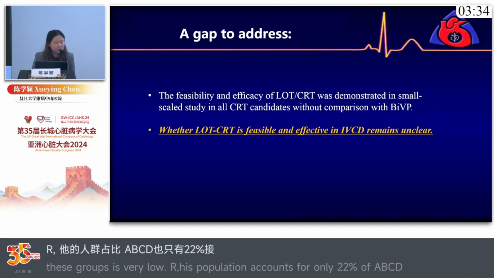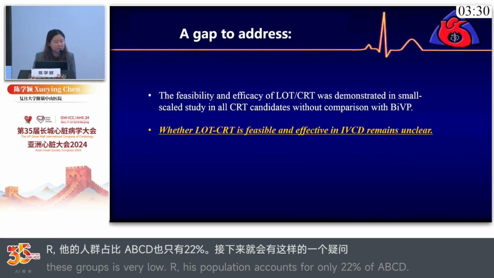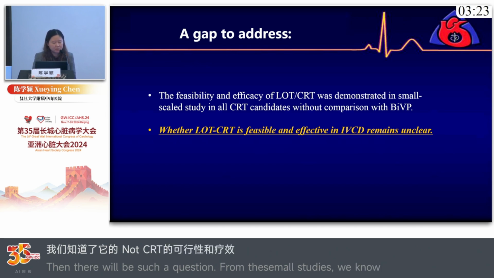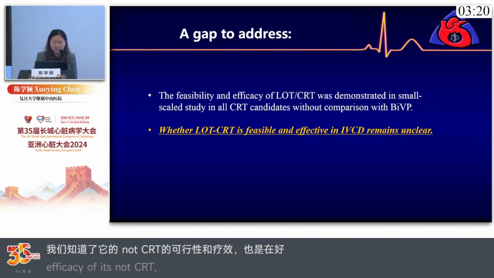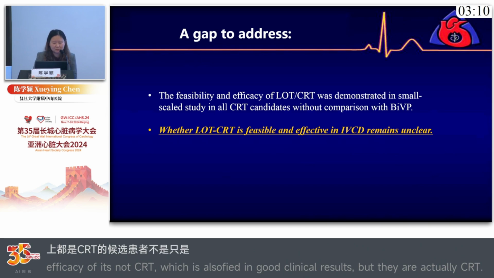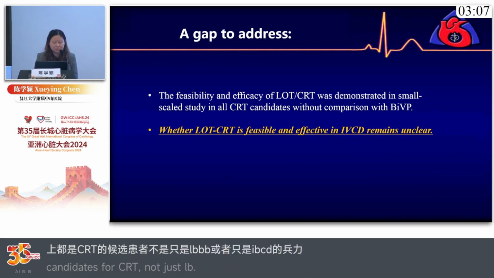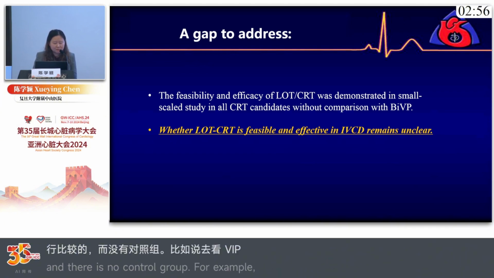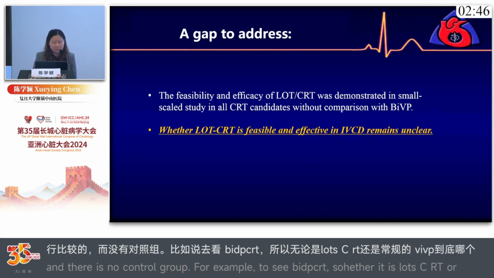We know from these small-scale studies that the feasibility and efficacy of LoT-CRT have been demonstrated, but they include all CRT candidates, not only LBBB cases or only IVCD cases, and they are all just compared to the baseline, with no control group like BiVP CRT.